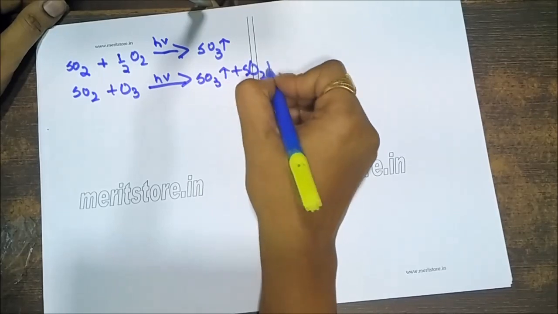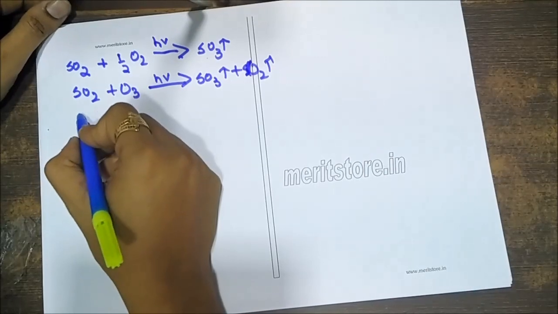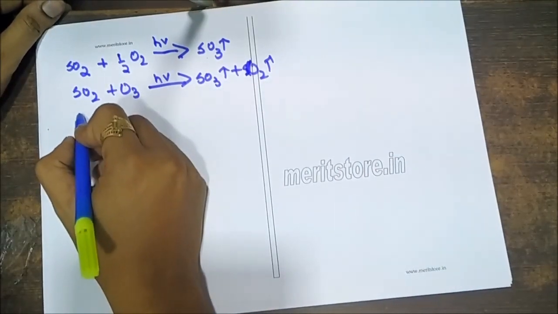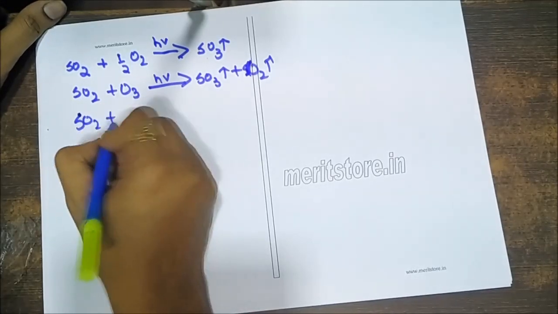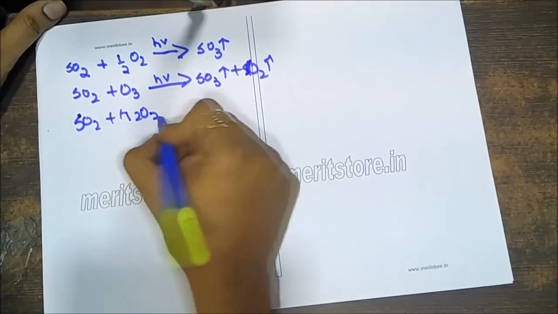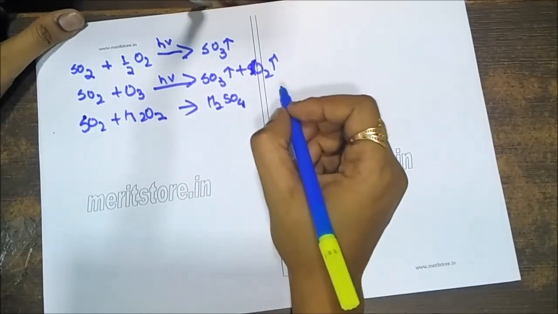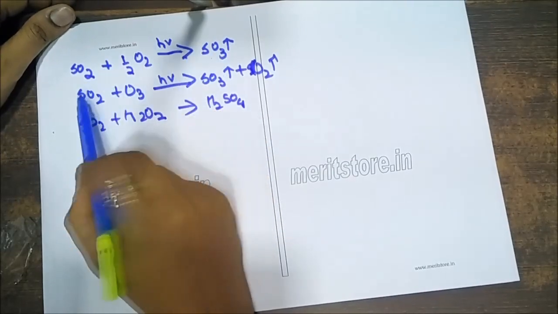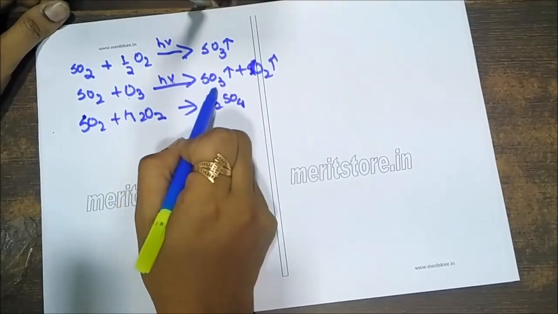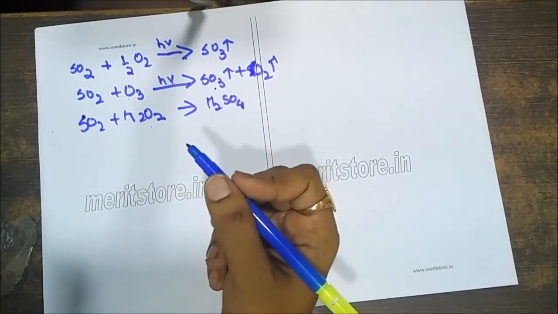So this will form sulfur trioxide. Okay, the reaction can also be carried out by ozone as well as hydrogen peroxide. So SO2 will react with H2O2 to form sulfuric acid, which is aqueous. Alright, so sulfur dioxide can either undergo oxidation in the presence of light, it can react with ozone again in the presence of light to form sulfur trioxide, and it can also react with H2O2 to form sulfuric acid.